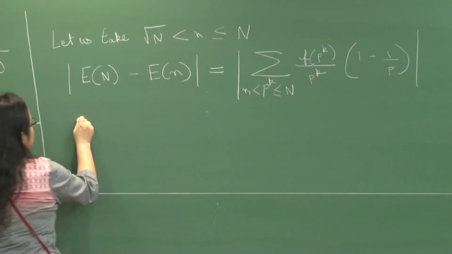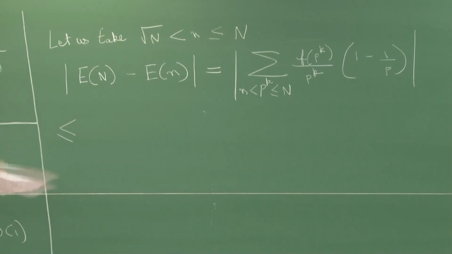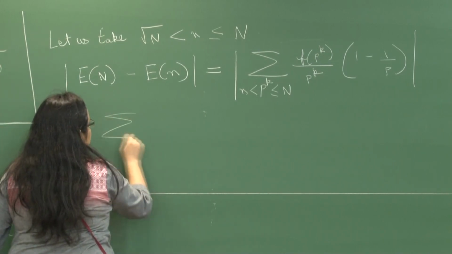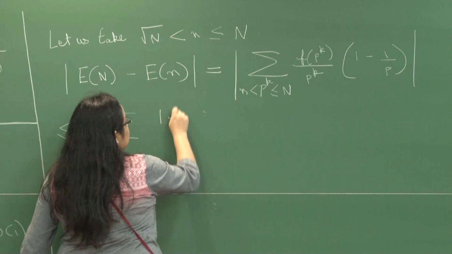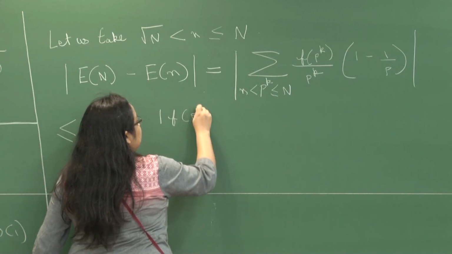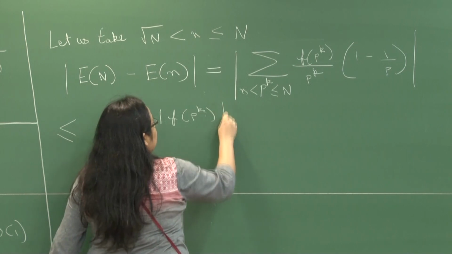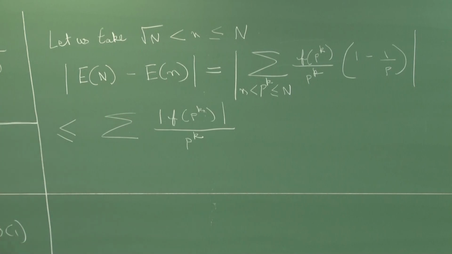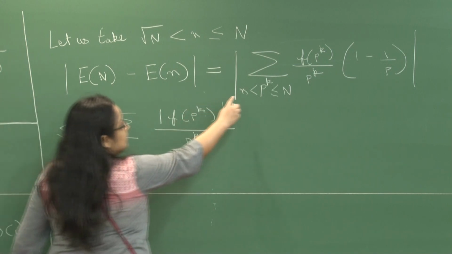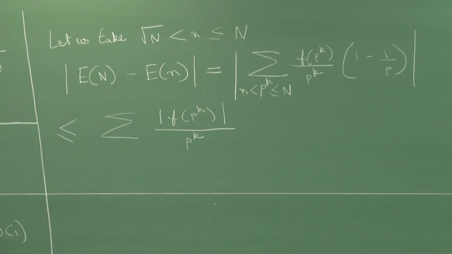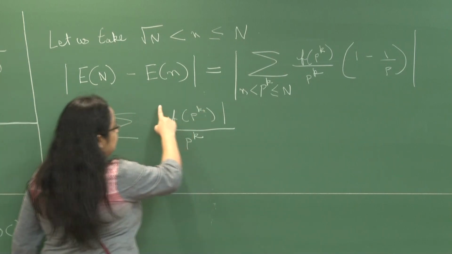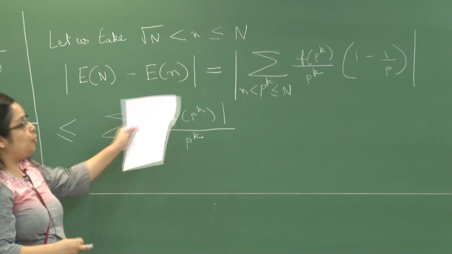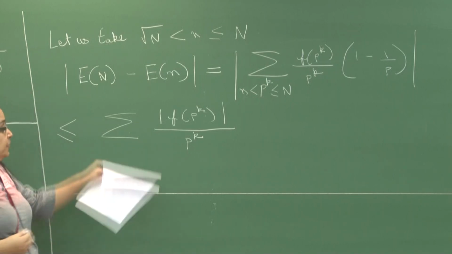So, this is certainly less than or equal to the summation of absolute f of p raised to the k over p raised to the k. Okay, 1 minus 1 over p is less than or equal to 1. And what's more, since this n is something greater than root n, and once you put absolute values around this, these are all non-negative terms.